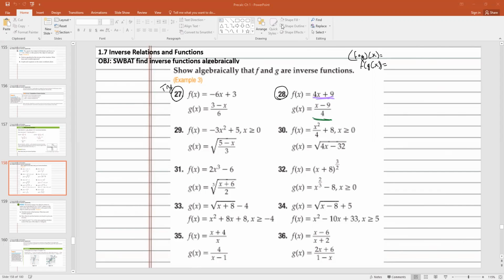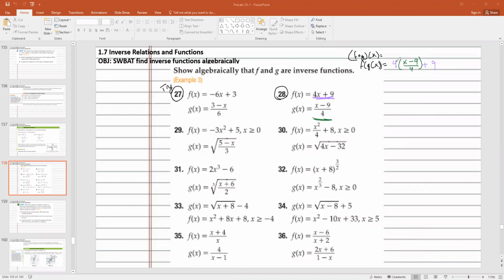So you want to start off with your f of x first. That's the one on the outside. So 4x, leave some space because we're going to take away that x, plus 9. And now we're going to take away that x and replace it with our g of x, which is x minus 9 over 4.